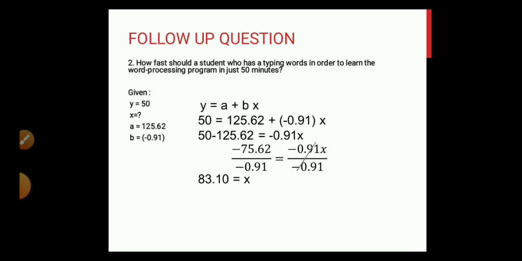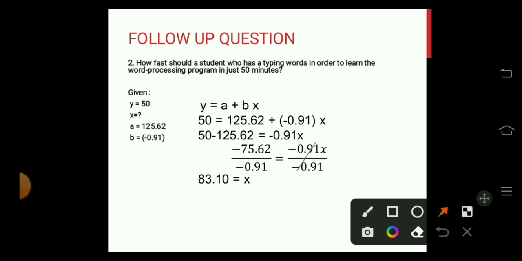So we will transpose the 125.62 to the other side. What happens is 50 minus 125.62 equals negative 0.91x, since we distributed the negative 0.91 times x.